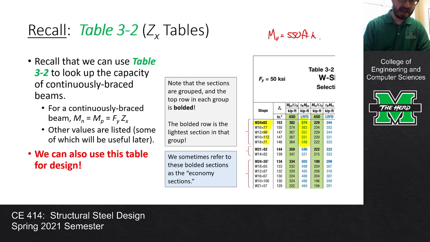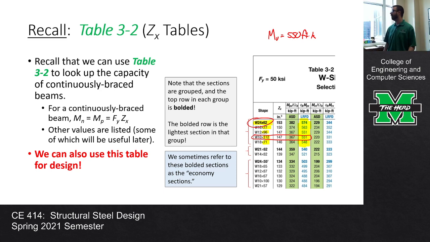I can go to this table and select a W10 by 112 because it has a moment capacity of 551. From an efficiency standpoint, if I'm looking at Mu over phi Mn, that's a pretty efficient section. I will grant you that. But why would I select a W10 by 112 when I could select a W24 by 62? The W24 by 62 is a lot lighter and a lot cheaper.